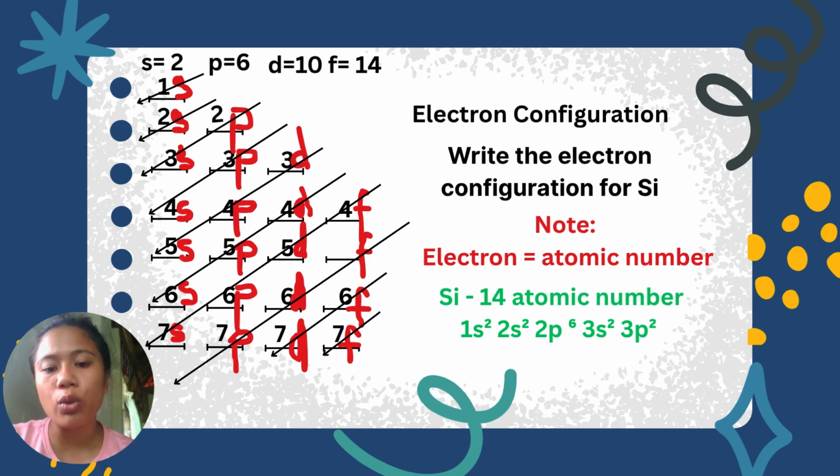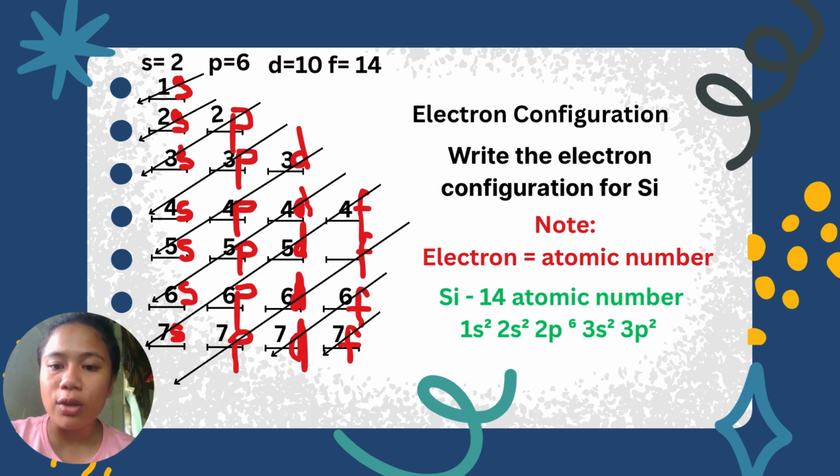How many electrons so far? It is 2 plus 2, 4. Let's proceed since it is still not 14. So 2p to the power of 6, since p can carry 6 electrons as the maximum. So 2 plus 2 plus 6 is already 10.